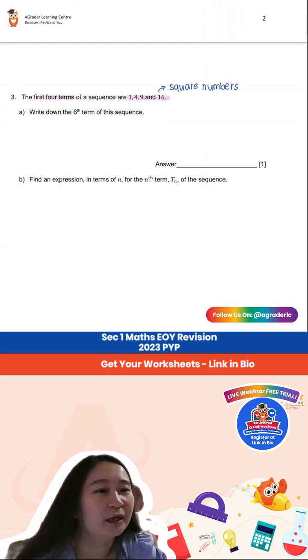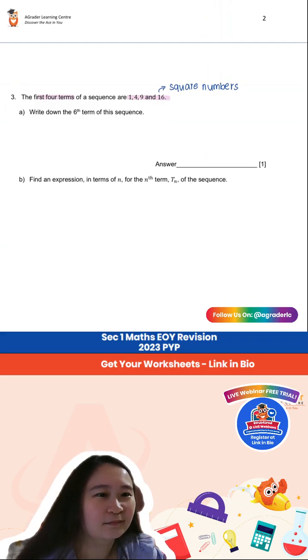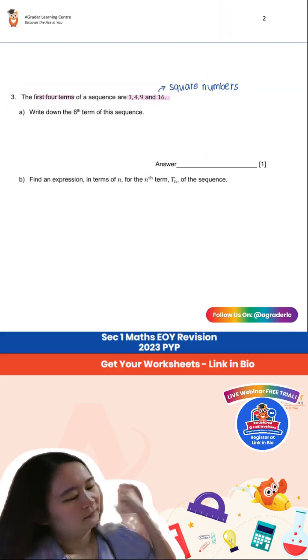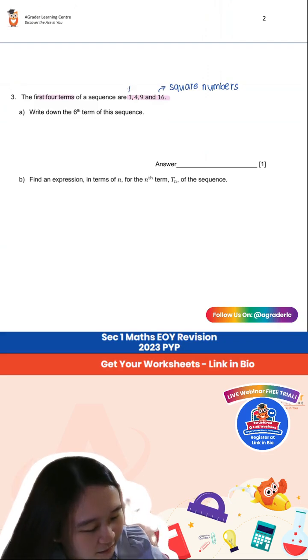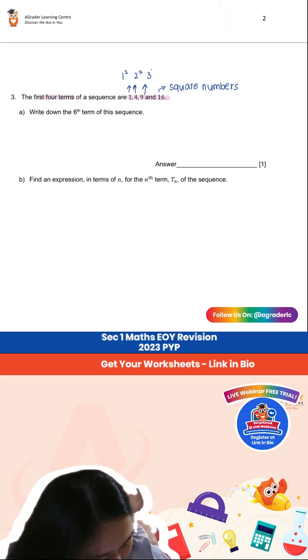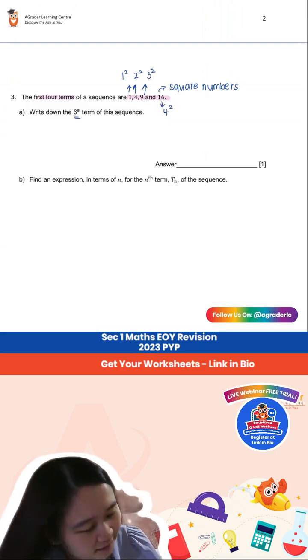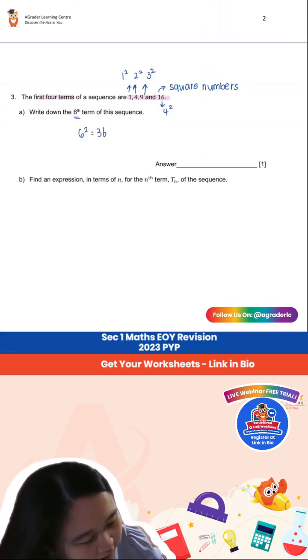If not, you can use a curve ruler. Since they're all square numbers, this is 1 square, 2 square, 3 square, 4 square. So when they want the sixth term will be 6 square. So it's just 36.